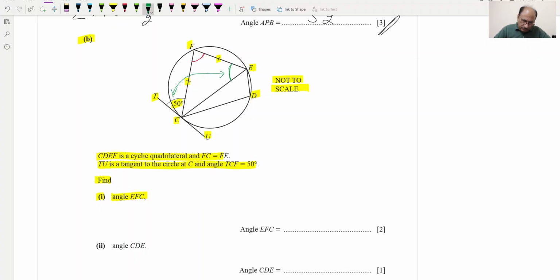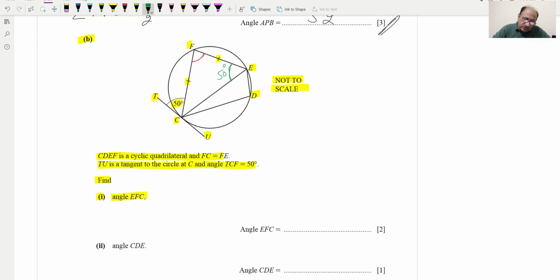So we can write here this angle is also 50 degrees by alternate segment theorem.